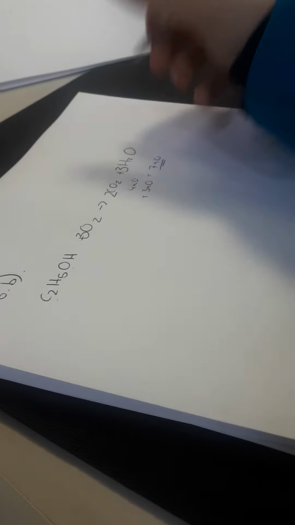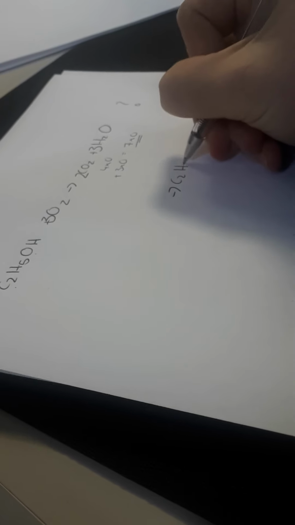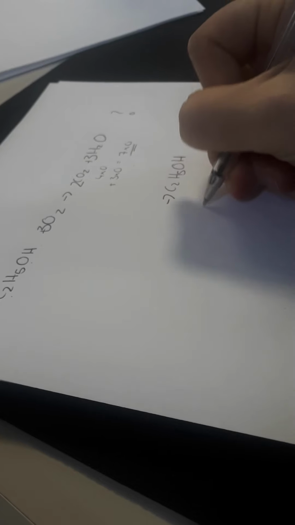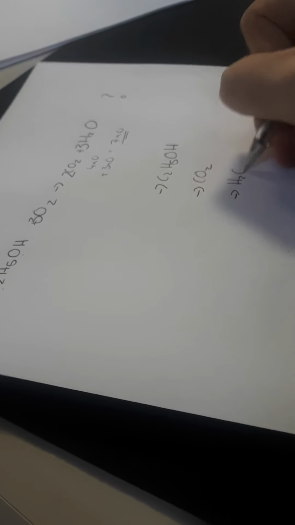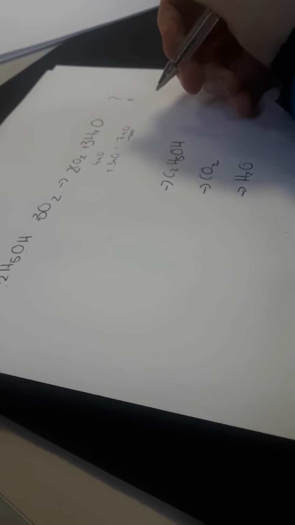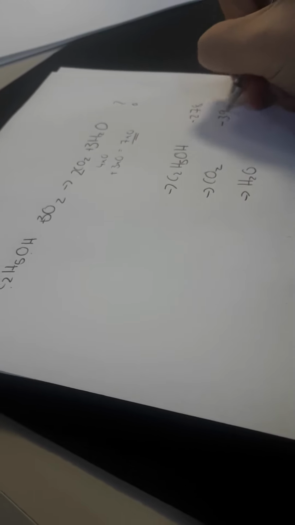We're asked to calculate the heat of combustion of this, and we're given that the heats of formation of ethanol C2H5OH, carbon dioxide CO2, and water H2O are minus 278, minus 394, and minus 286.